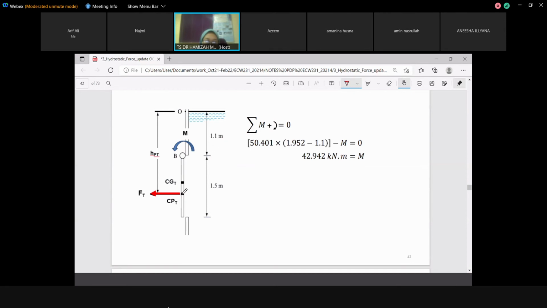So you have the perpendicular distance for the force minus the moment. Okay, so this is the perpendicular distance to the force tu.